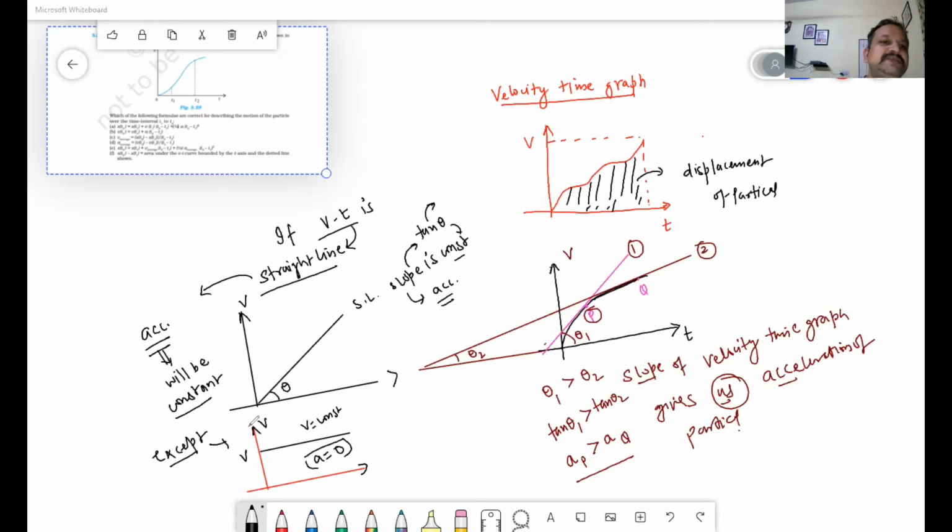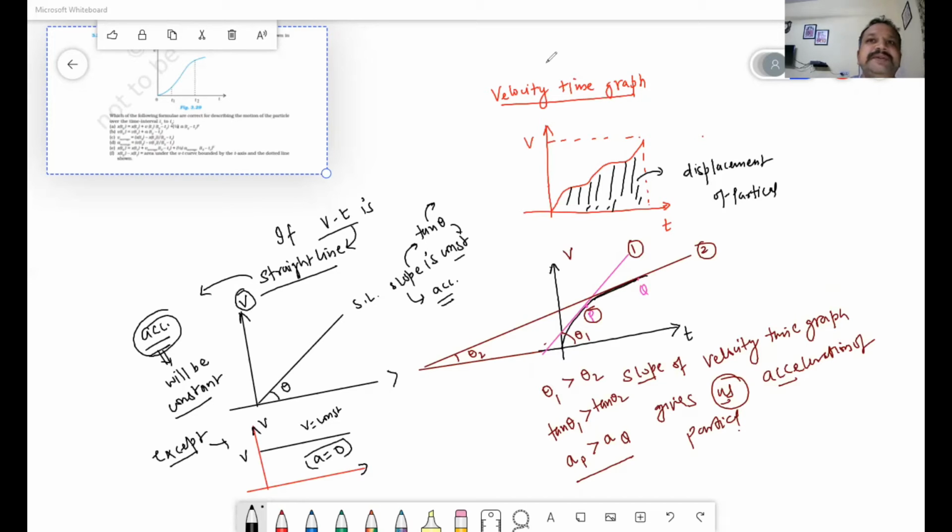So except this, if any line is a straight line between v and t, then the particle's acceleration is constant. So these three things we need to remember and analyze before answering a question related to velocity.